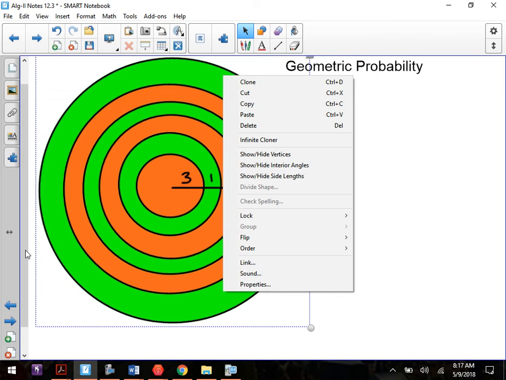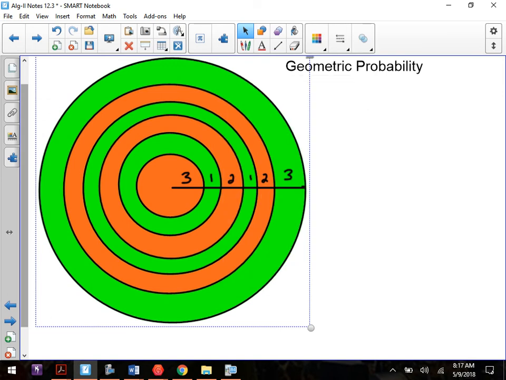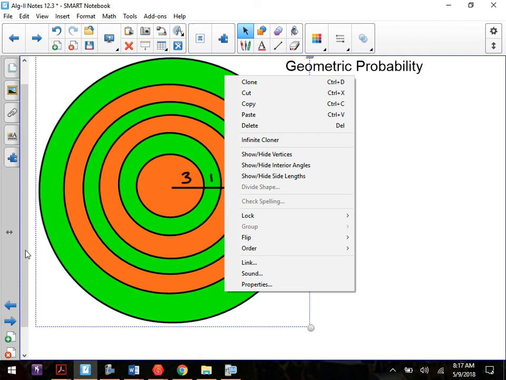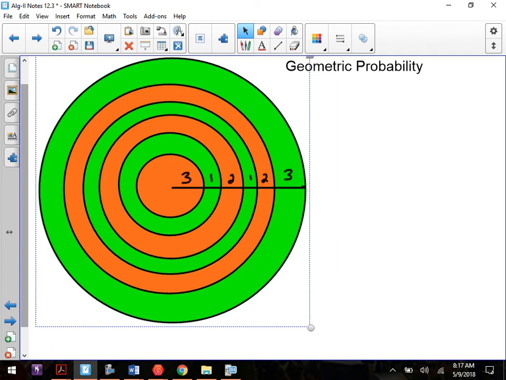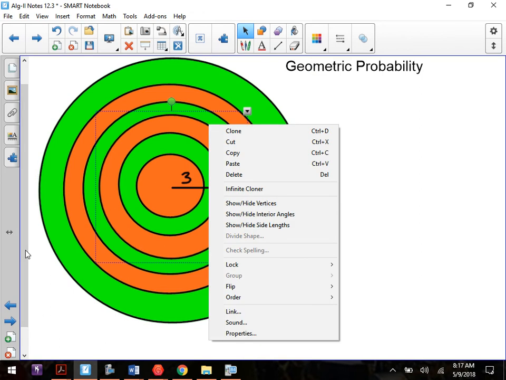You're doing better. No, you're supposed to be finding the probability in the orange.